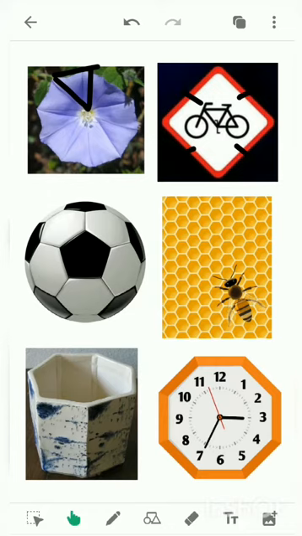This is the picture of a honeycomb. Each honeycomb cell is a closed figure. It is made up of 1, 2, 3, 4, 5 and 6 straight lines. Therefore, this is a real-life example of a hexagon.